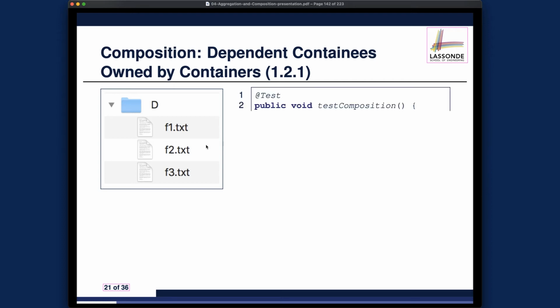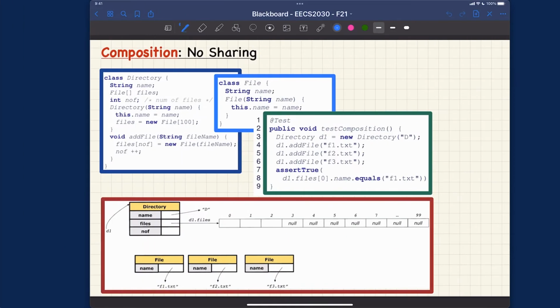That's the test I want to go over, and conceptually that's the reality I would like to mimic in OOP here. Let's take a look at the test together. We have Directory and also File.